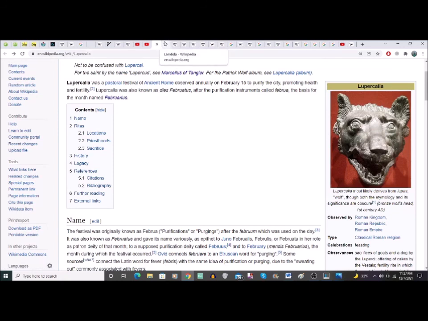A couple of other things that I just want to touch on. So we've done the February thing. One more thing in February before I get off of February, and this idea of the quarter again. 28 days in February, 29 on a leap year.